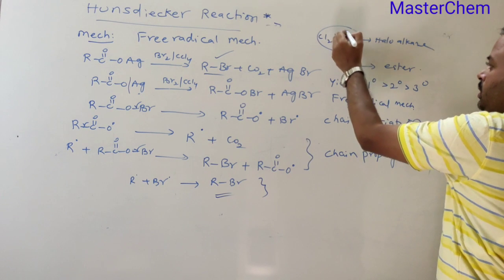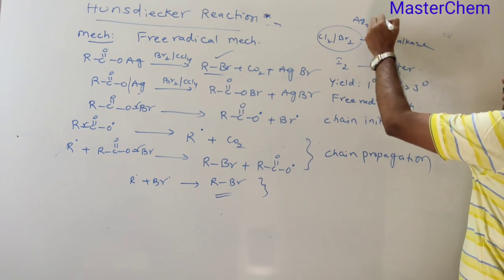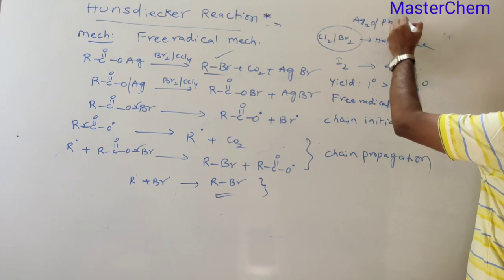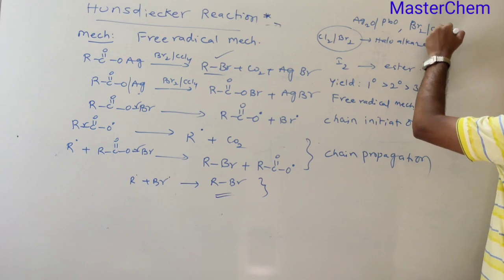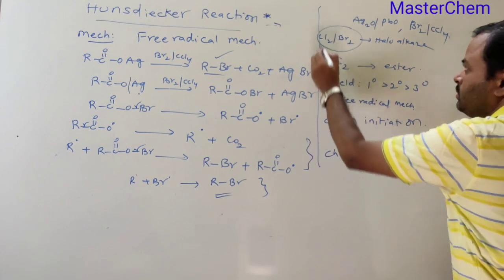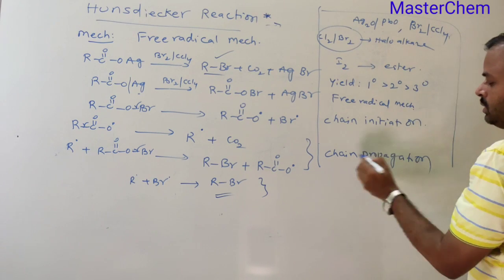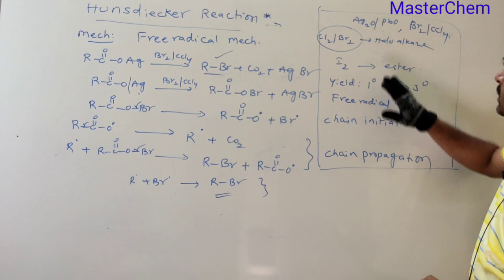Okay, and also the salt used. Which salt is used? Ag2O or PbO. And what is the reagent? Br2 in CCl4. So this box is very important with respect to the Hunsdiecker reaction. What is that?